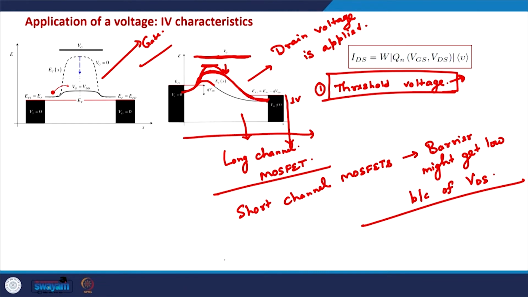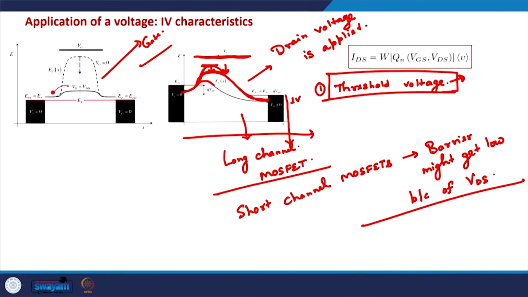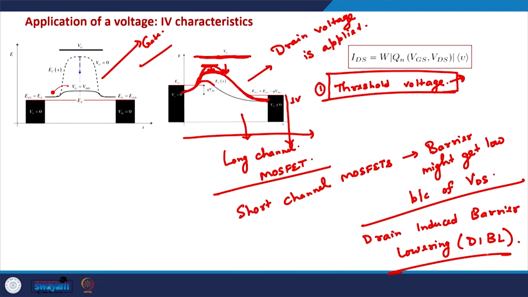But in short channel MOSFETs, it might happen that even this barrier height is reduced by the drain voltage, and this phenomenon is known as drain induced barrier lowering, or in short, DIBL. This is common in short channel MOSFETs, although we would not like this to happen, but it can happen if the design considerations are not properly taken care of.